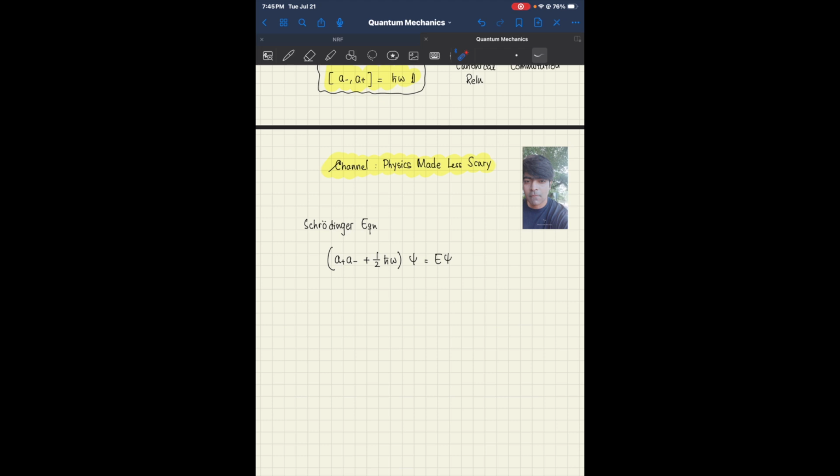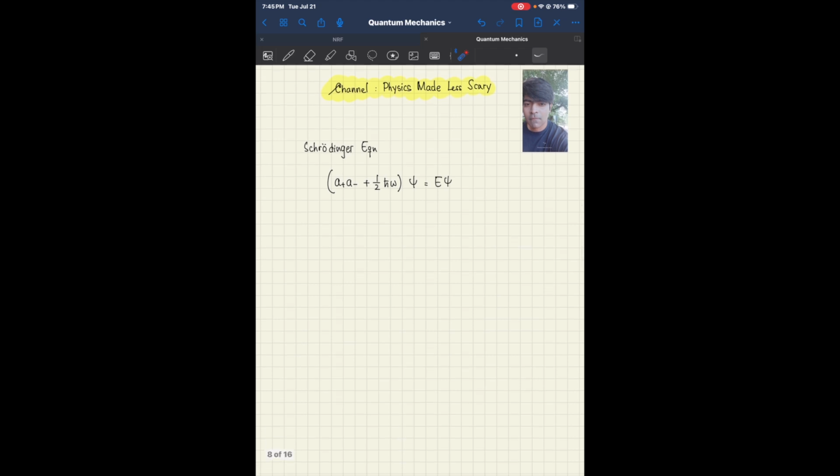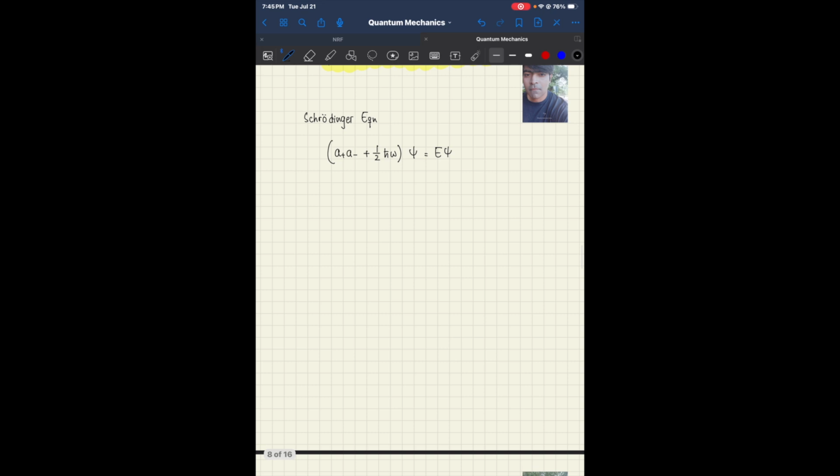Okay, we are almost done. Now we need a next observation, so pay attention. If this equation holds, then the same operator, a plus a minus plus half h cross omega, acting on say a plus psi, would give you e plus h cross omega times a plus psi.